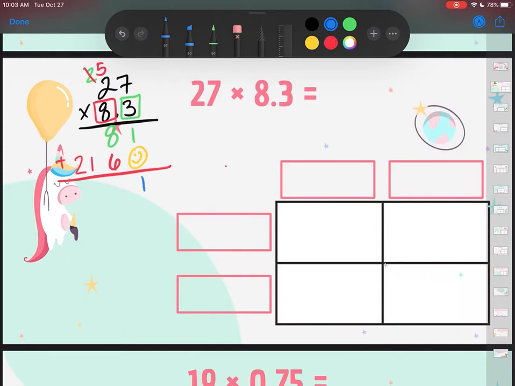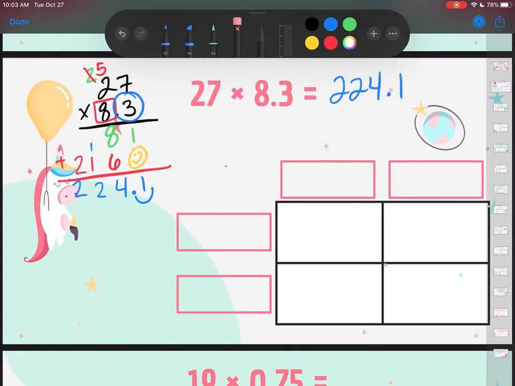And now I'm going to add them together. 1 plus 0 is 1, 8 plus 6 is 14, carry the 1, 2, and then 2. But I had one number, right? This 3 was to the right of my decimal, so I need to scoot my decimal over 1 and end up with 22.4, right? So the answer should be 224.1.